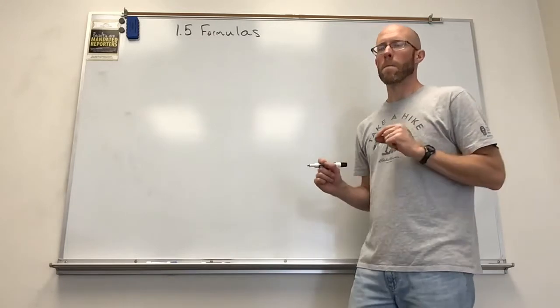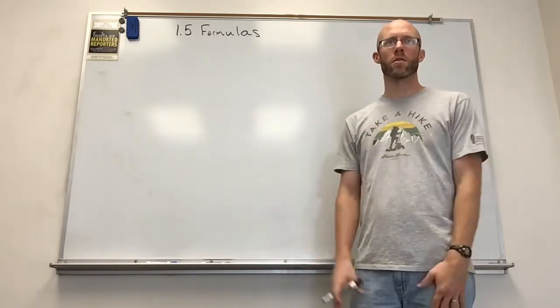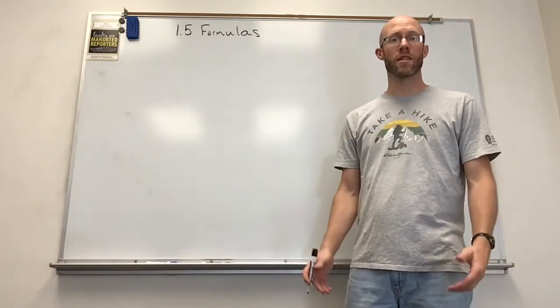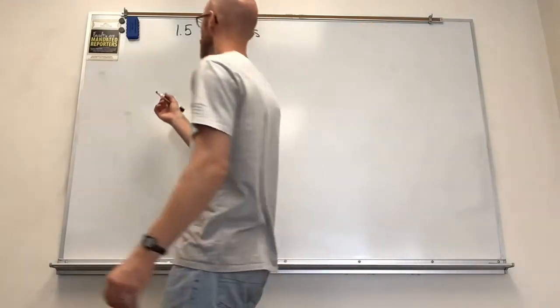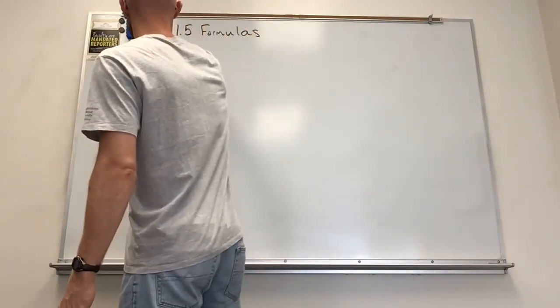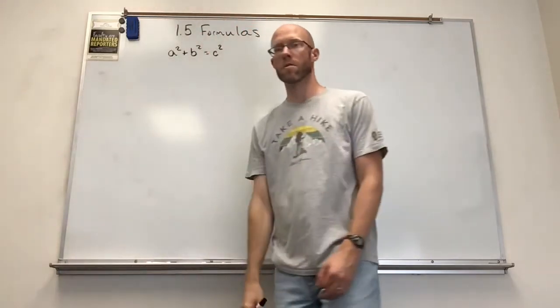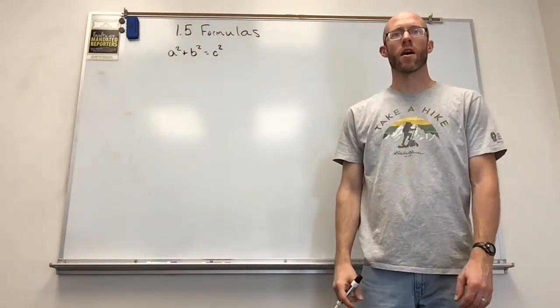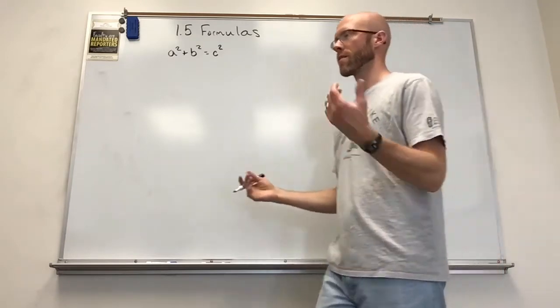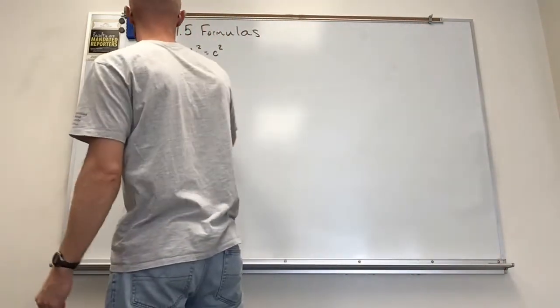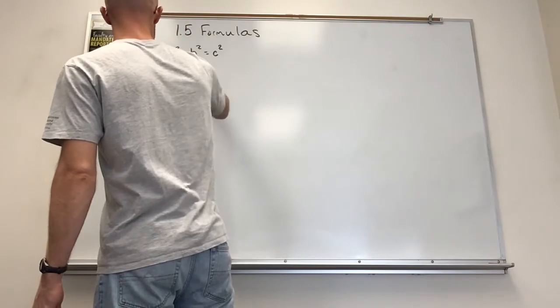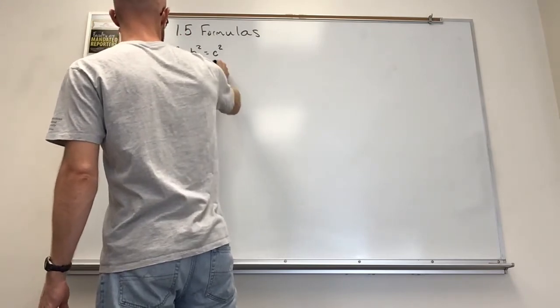So, a couple of basic formulas, things that you have probably seen somewhere in the past, are things like the Pythagorean theorem, a squared plus b squared equals c squared. We also have things like A equals P times e to the rt.